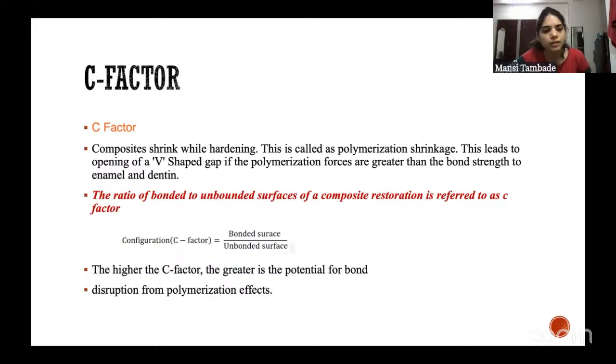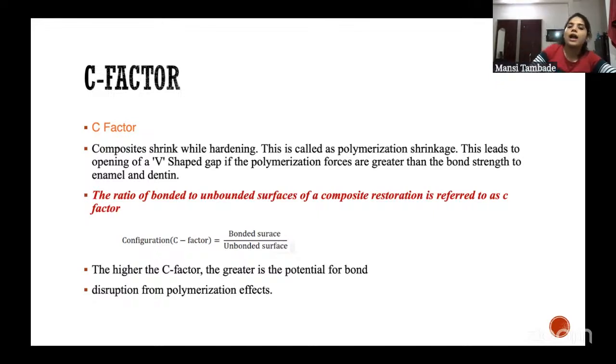So what is defined as the C factor is the ratio of the bonded to the unbonded surfaces of a composite restoration. Okay, you can see, bonded surface to the unbonded surface. The higher the C factor, the greater is the potential for bond disruption from the polymerization effects.